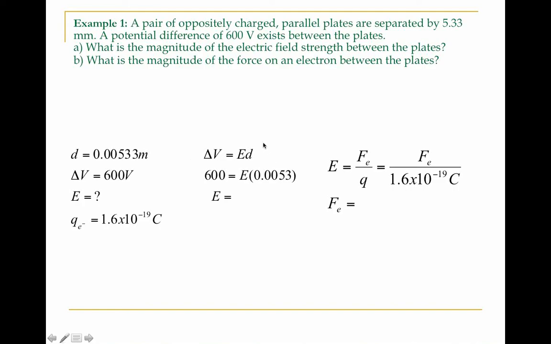Well, we can say delta V is equal to ED, and from here you can find E. And for the magnitude of the force, we know that F is equal to QE. Q is the charge of the electron, 1.6 times 10 to the minus 19 if I want the magnitude. And if I want the direction of the force, of course, it would be opposite to the electric field. All right.